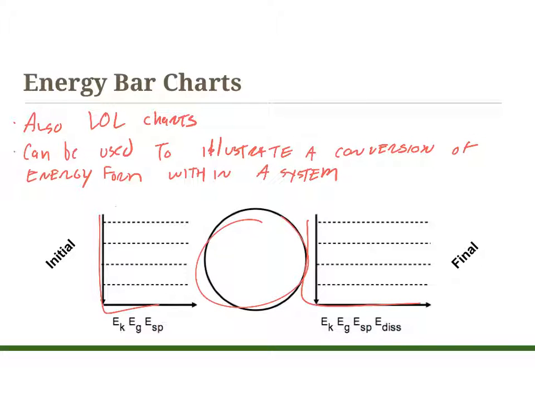And the way that we have this one set up here is we have some examples of energies that you might see as initially and how they might change finally after the experiment or the observation has taken place.